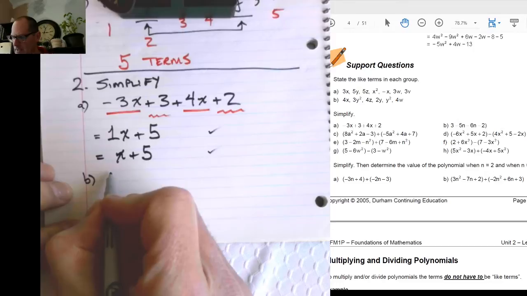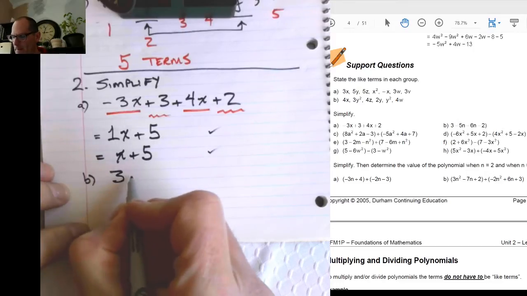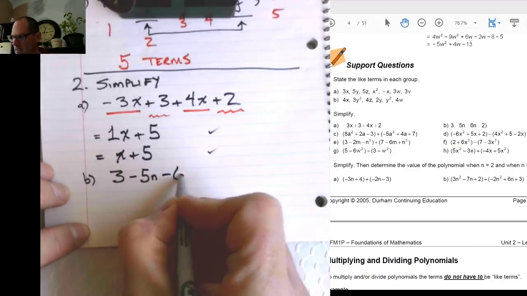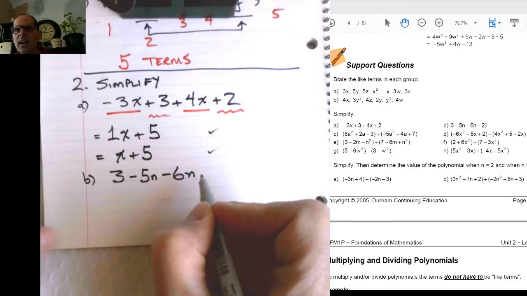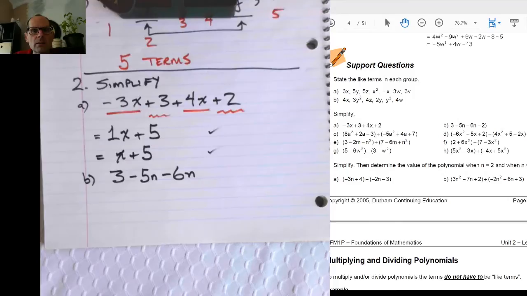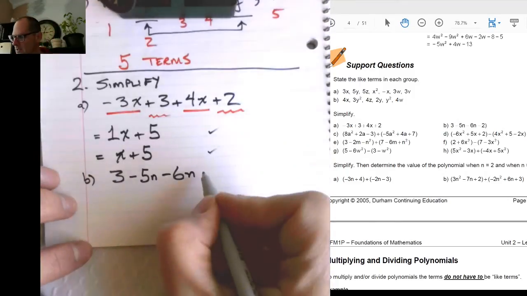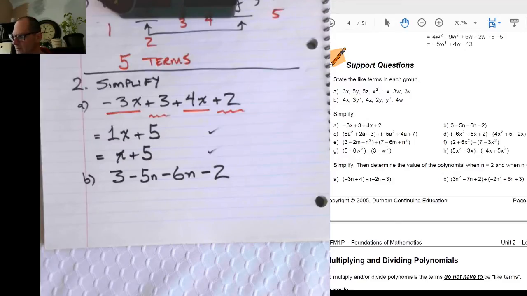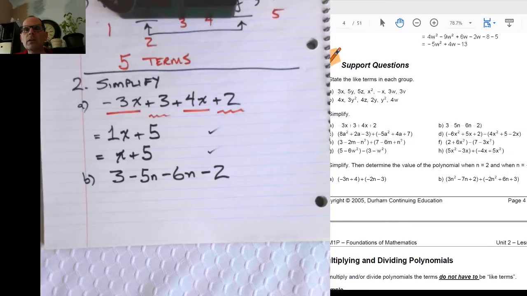So we've got 3 minus 5n minus 6n, and that's minus 2 at the end there. A little trouble seeing that on the video feed at my end. To jump back and forth a little bit.